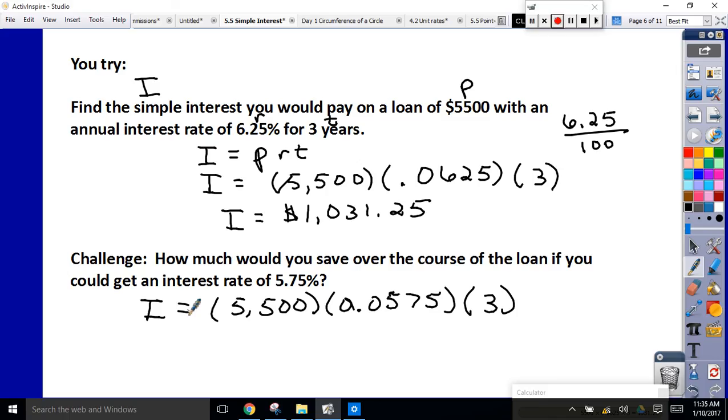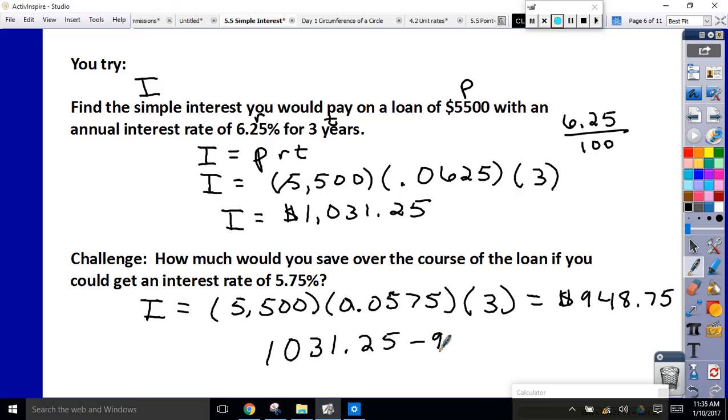Is everyone with me on what she did there? Then she subtracted. So when you do this, you get an interest of $948.75, which is less than the amount of interest you would pay at a rate of 6.25%. She subtracted the two numbers to find the difference, because it's asking how much you would save. So it wants to know the difference between the two interest amounts.